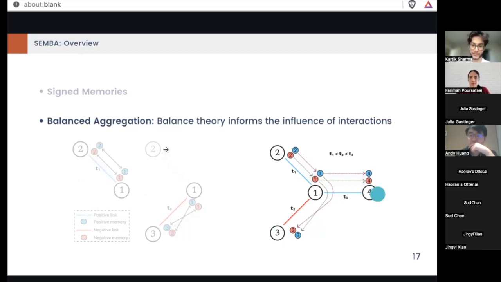So you would have some sort of override behavior: time T3 would be a friend, and then time T4 would be an enemy. In a sense, but there would be a forgetting. It is not that they would forget whatever has happened before, but they would learn based on a sequential learning paradigm.